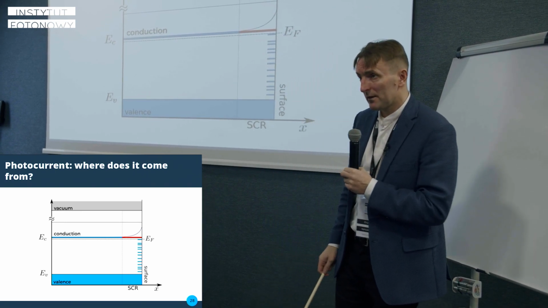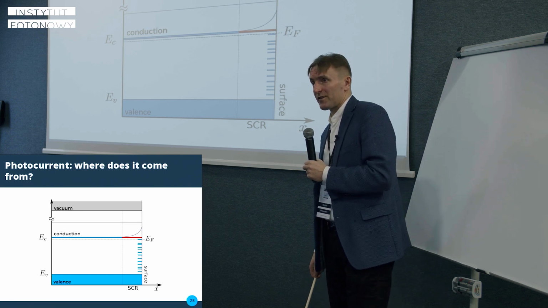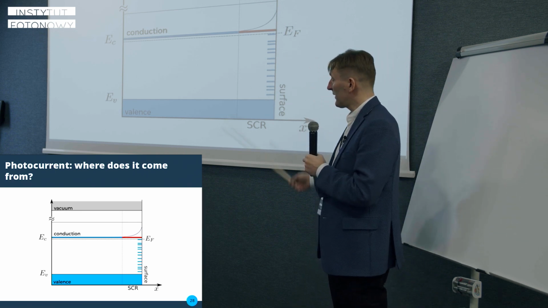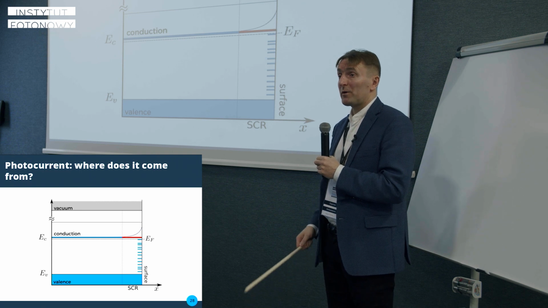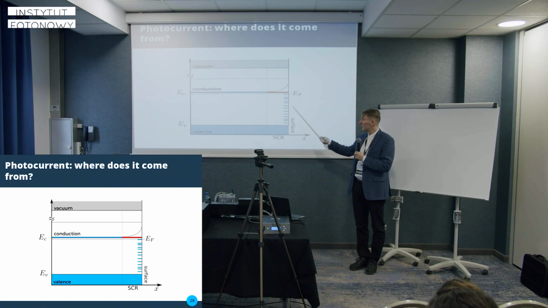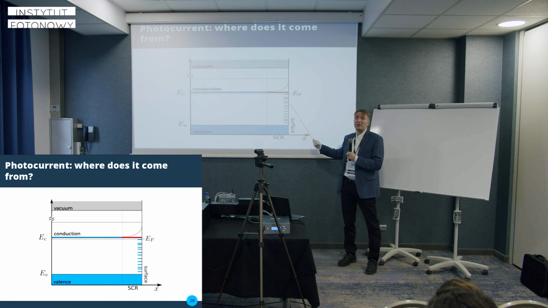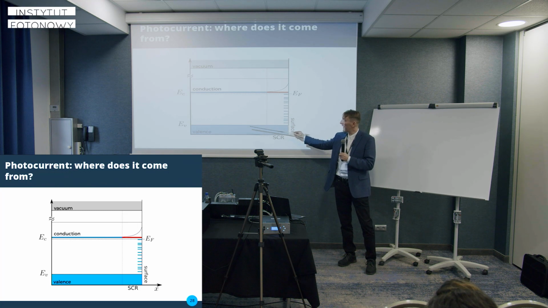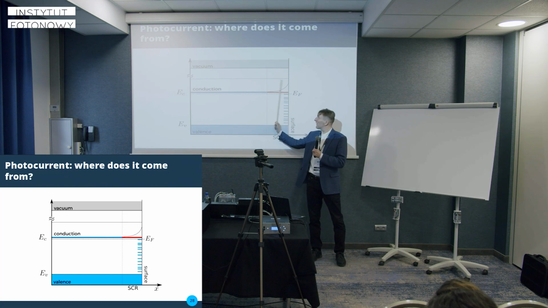That means that the density of charges in the sample will not be uniform anymore. There will be negative charge accumulated on the surface, and it will repel all those electrons that are in, say, the conduction band.